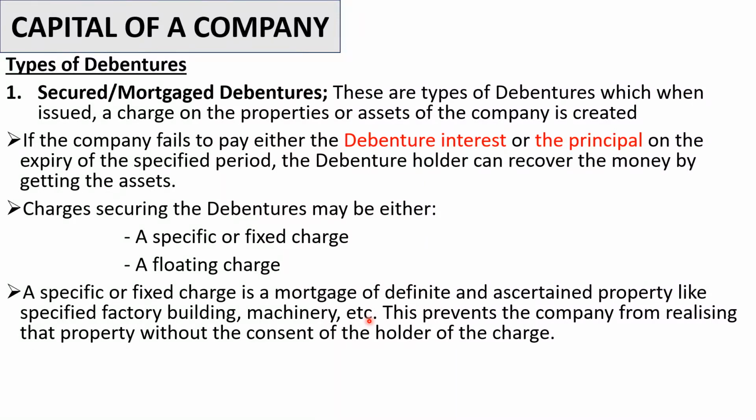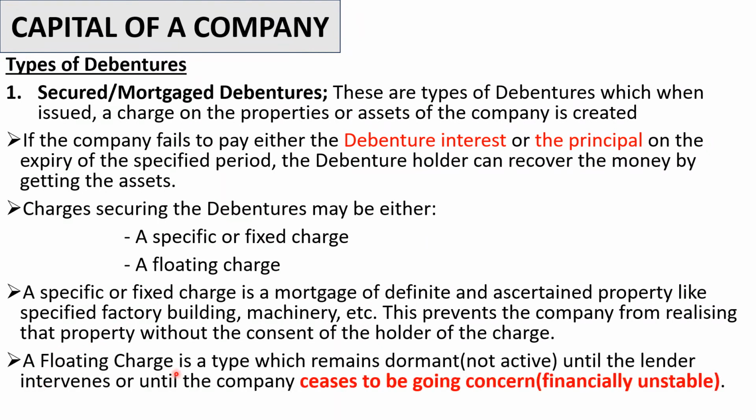So they know that even if this company fails to pay me, I'll get that factory. The charge created on such fixed, certain assets of the company is called a specific or fixed charge.